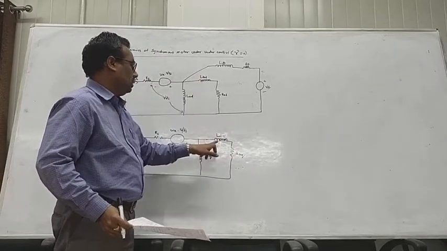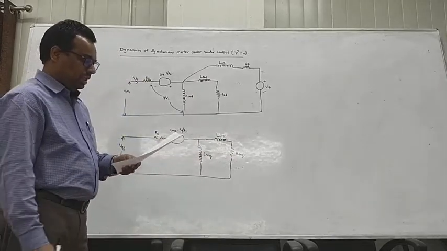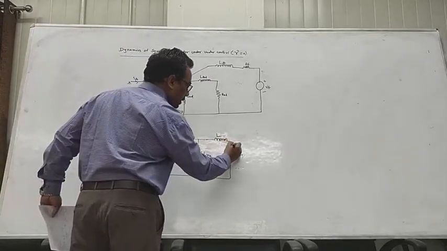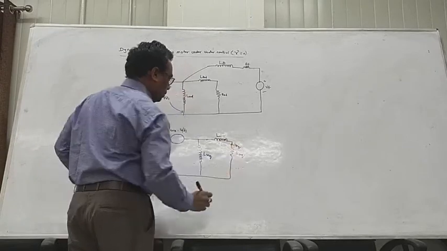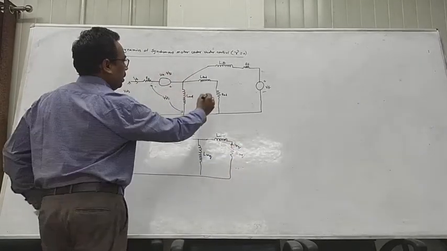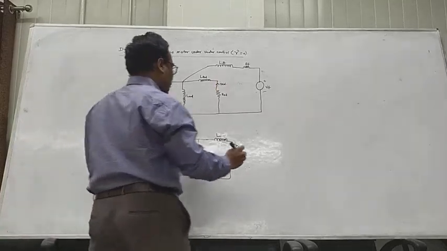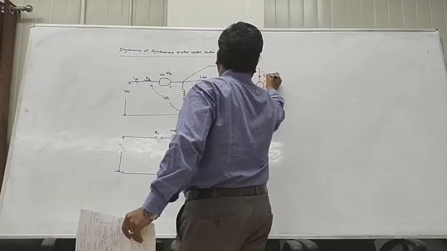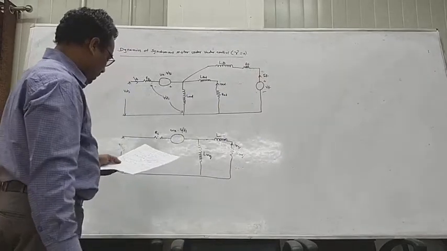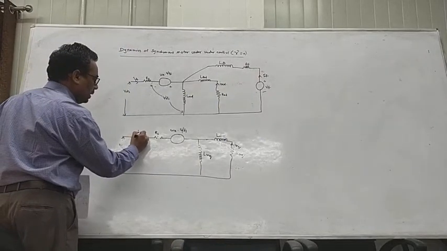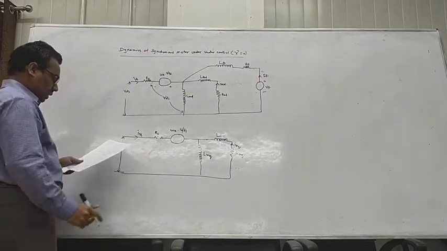So this is the damper circuit, and here this current is IKQ, and this is IKD, and the field current is IF, and here this current is IQS.